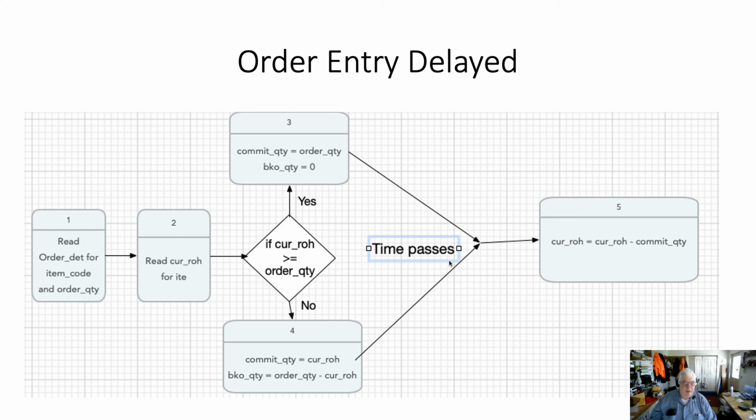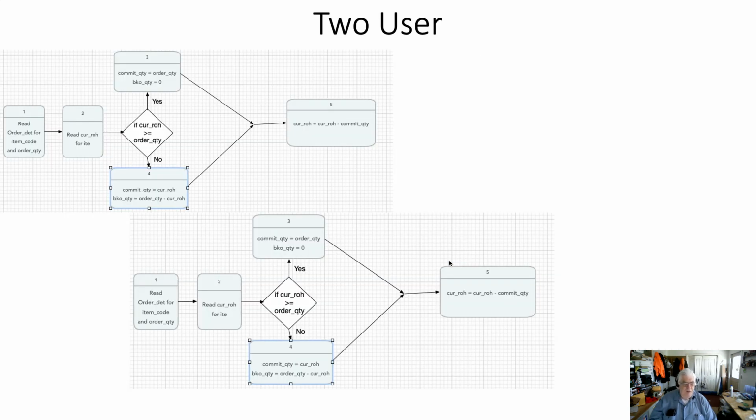The phone rings, somebody has trouble, and you get into a situation like this where the first user comes in, we read their data, but before we make the updates, a second user comes in. Well, they saw that there was 10 to start with, and this person wanted 5. Well, this user wants 9.